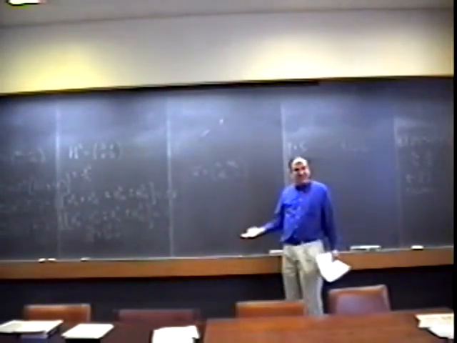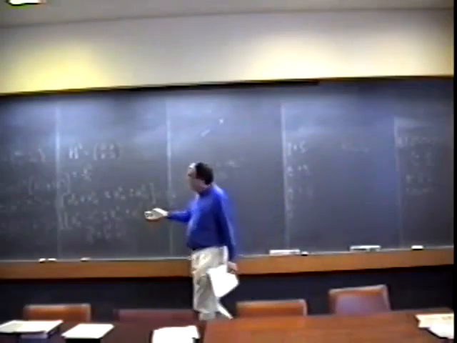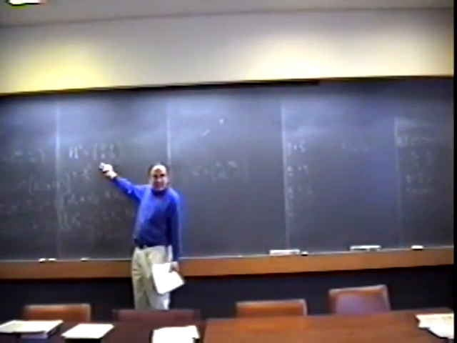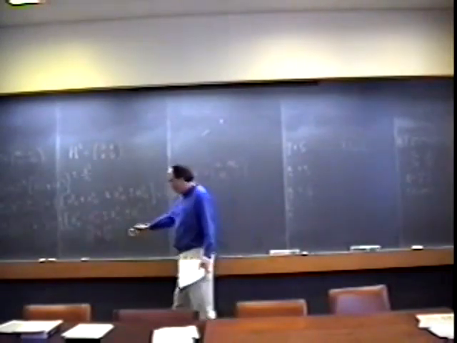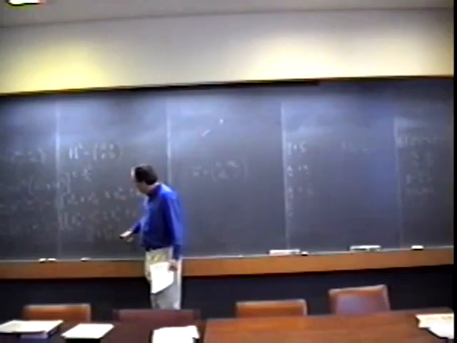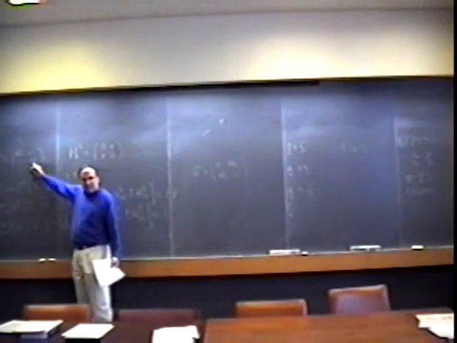Doesn't that look interesting? This looks almost like the old H2. We have the same number off diagonal and nothing on diagonal. And this looks like the old H1. We have the same number but with opposite sign on the diagonal.